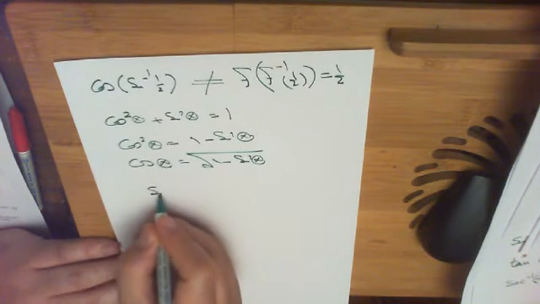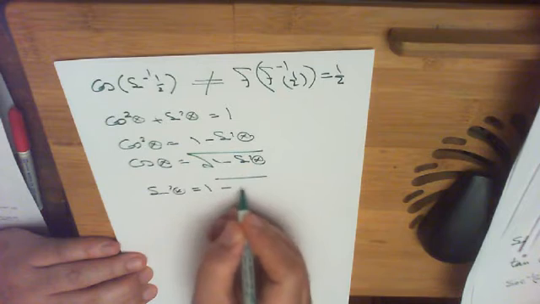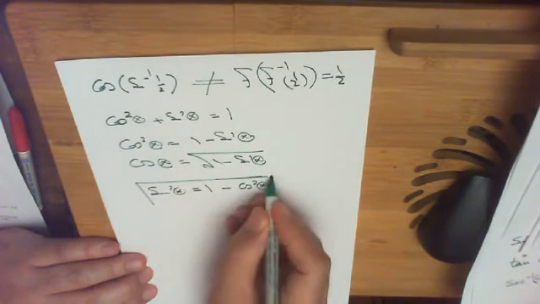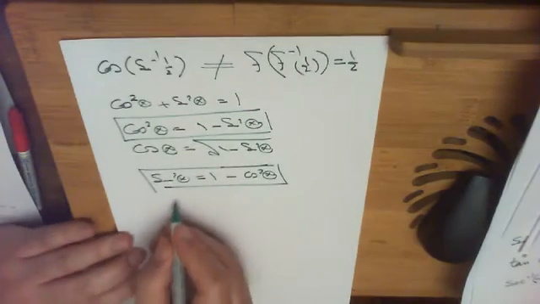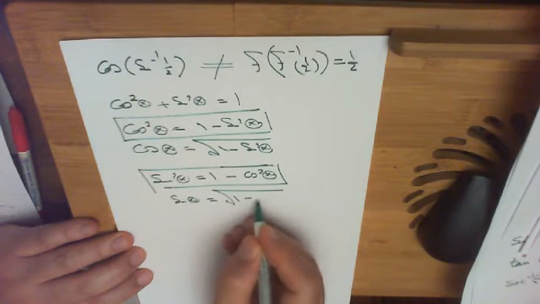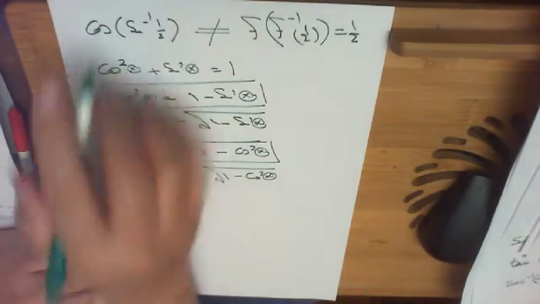Also sine squared equals 1 minus cosine squared. So sine of some angle equals the square root of 1 minus cosine squared of that angle. We can make use of this here.